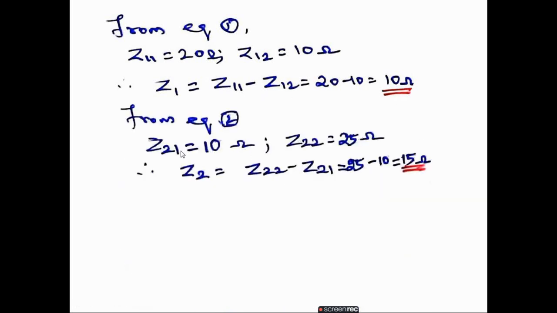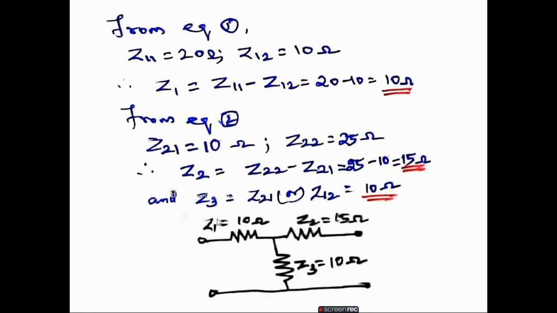Similarly, from equation 2 we get Z21 as 10 ohms and Z22 as 25 ohms. So Z2 is simply Z22 minus Z21, which is 15 ohms, and Z3 is either Z21 or Z12, which is 10 ohms. Finally, we can draw the T network very easily, since we have found Z1, Z2 and Z3.